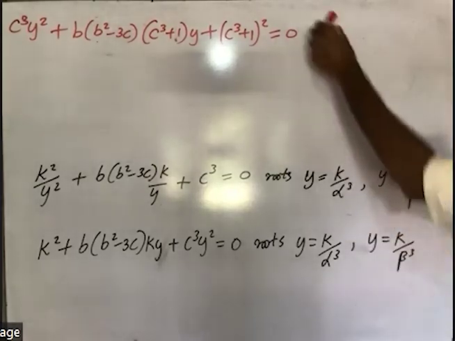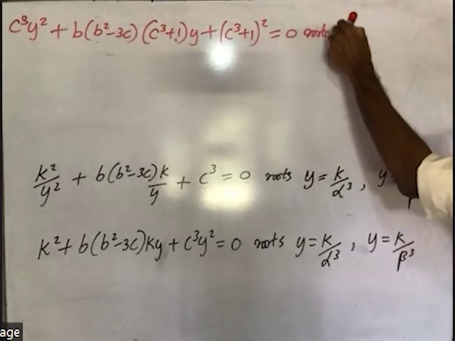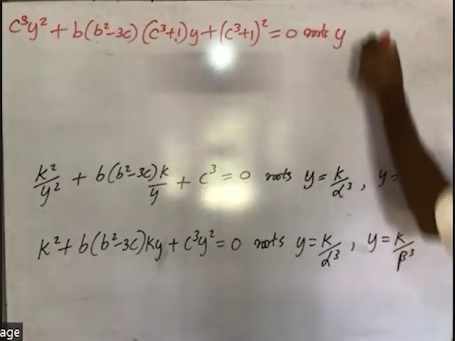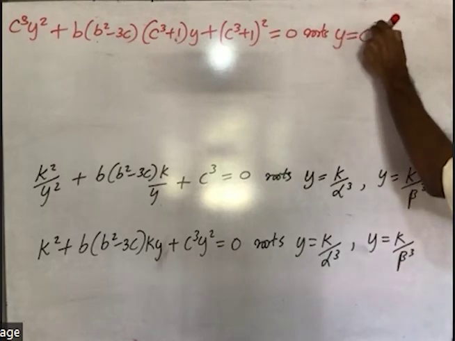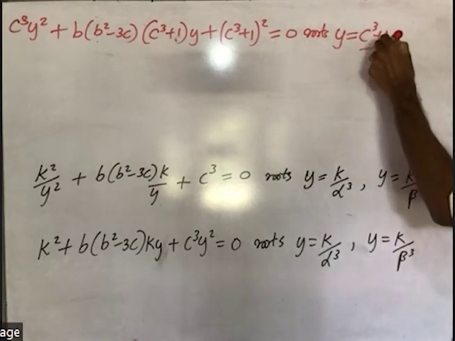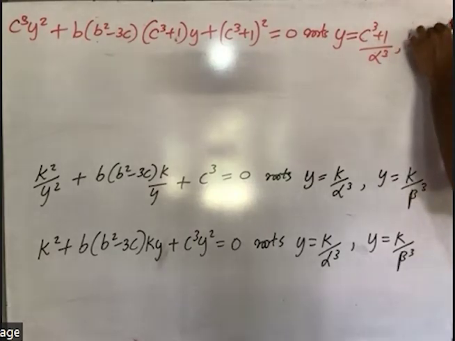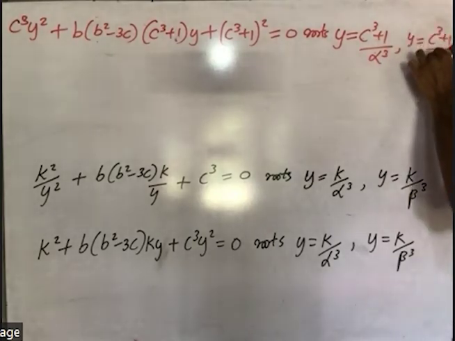Right. So here the roots are y equal to k, which means c to the power 3 plus 1 over alpha to the power 3. Here y equal to c to the power 3 plus 1 over beta to the power 3.